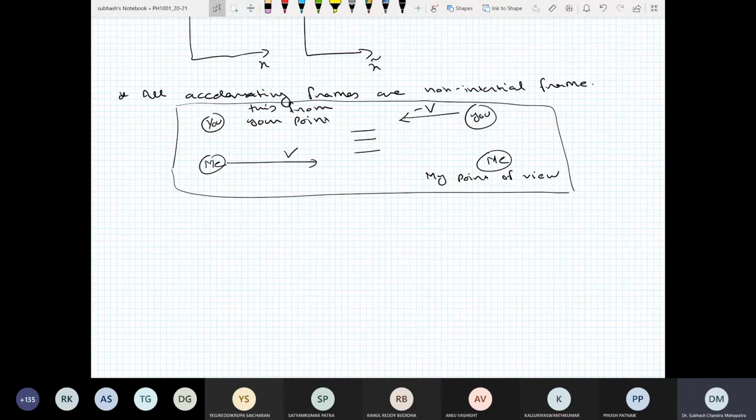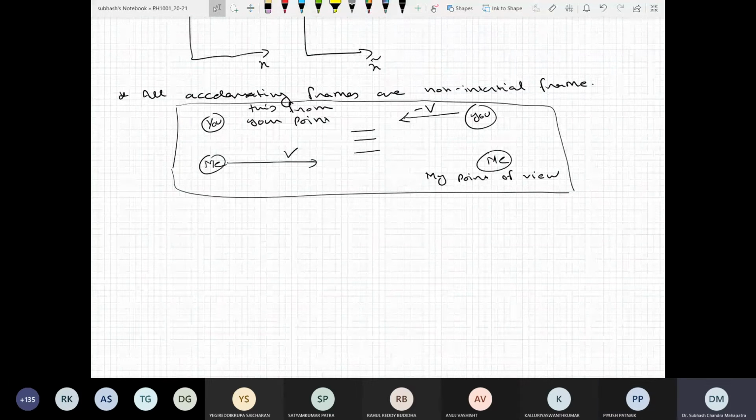Another question: to define an inertial frame, we need to be in an inertial frame. So, are we in an inertial frame? Well, there are no exact inertial frames, because with respect to, let's say, the sun, we are in motion.